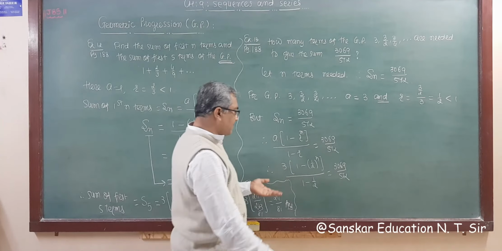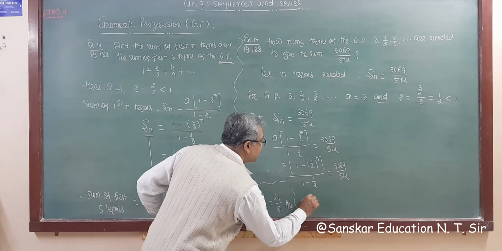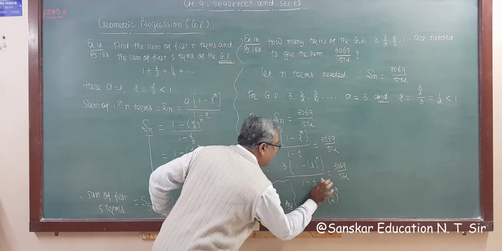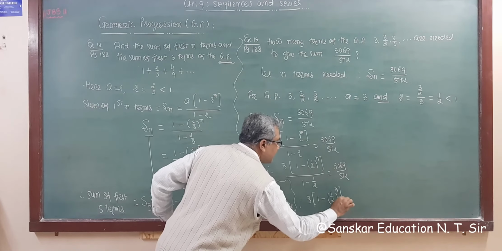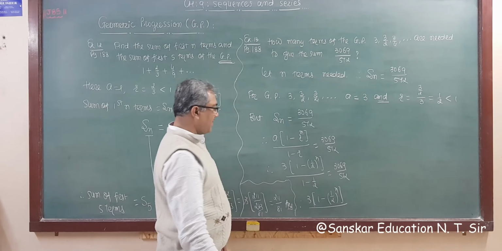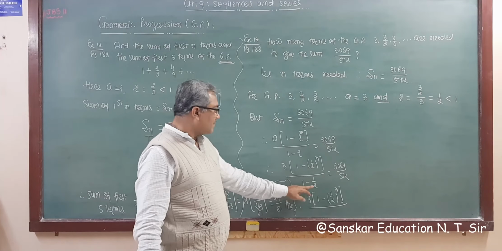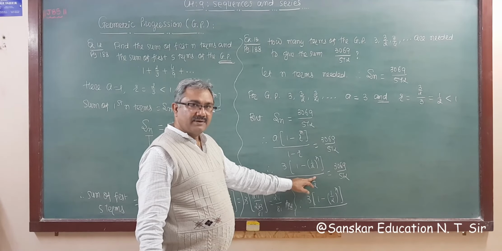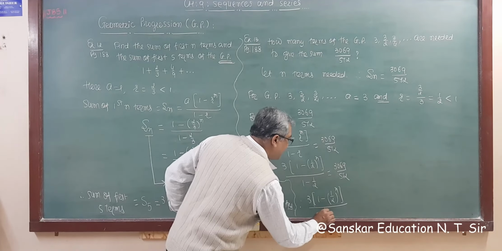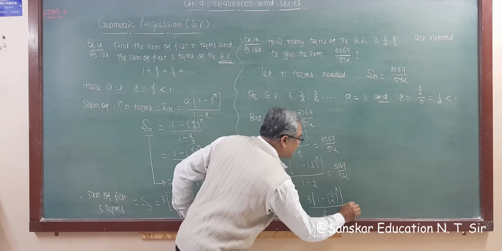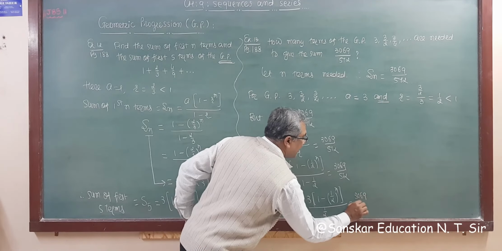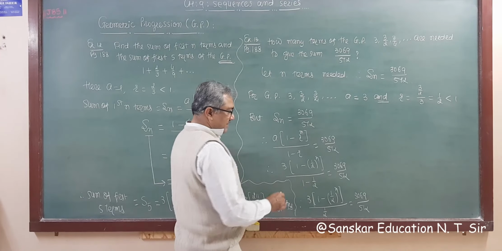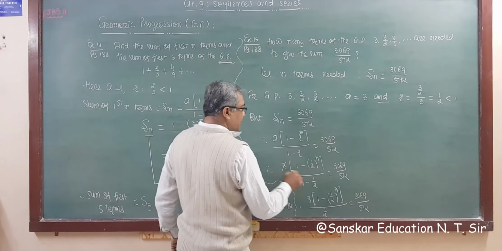Either you can write directly like this: 3 into 1 minus 1 upon 2 raised to n, I am writing a big bracket here, whole upon 2 minus 1 is 1, by 2, is equal to 3069 upon 512.